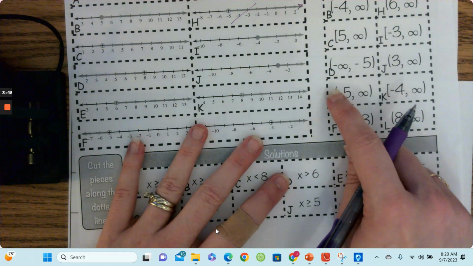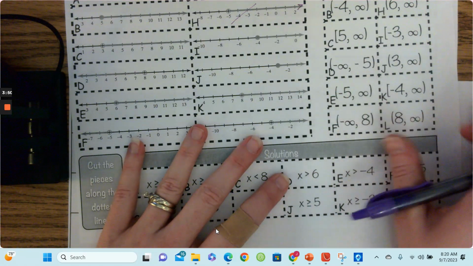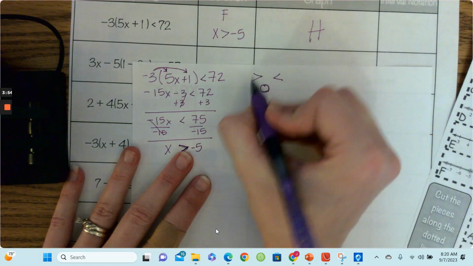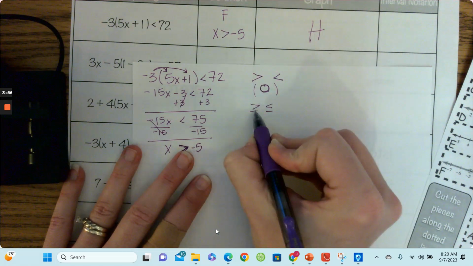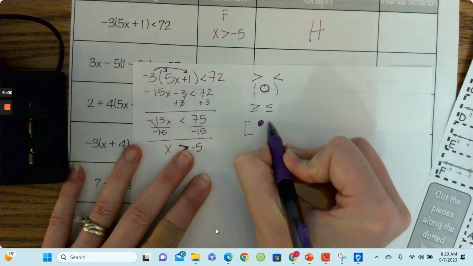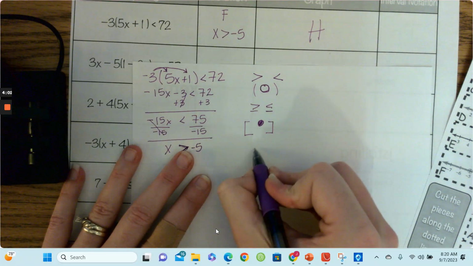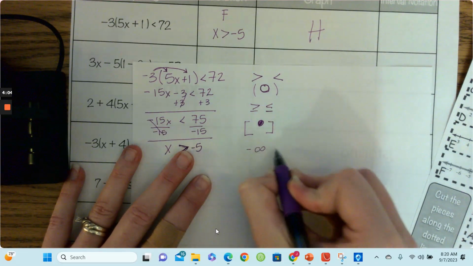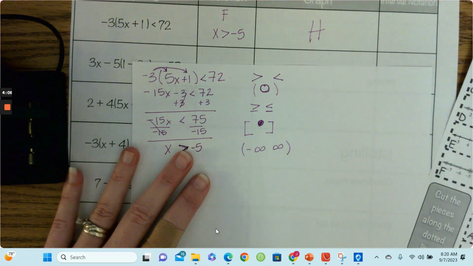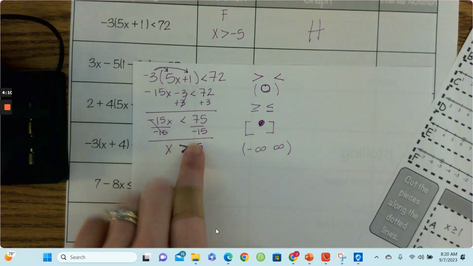The other thing to notice are these parentheses. If it is greater than or less than, you use parentheses. If it's got the line underneath it, you use a bracket. And then infinity, negative infinity and positive infinity always get parentheses. So these signs tell you a whole lot.